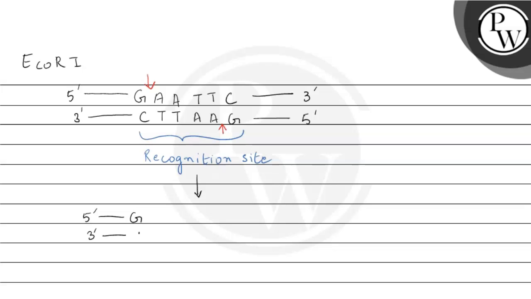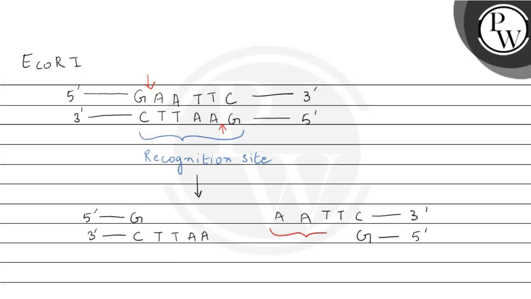So these will be the two fragments of DNA formed due to the cleavage by the restriction endonuclease, that is EcoR1. Now, the EcoR1 results in the formation of sticky ends.